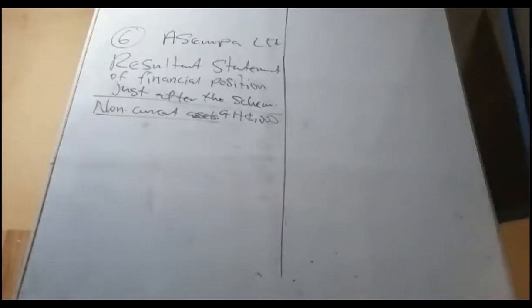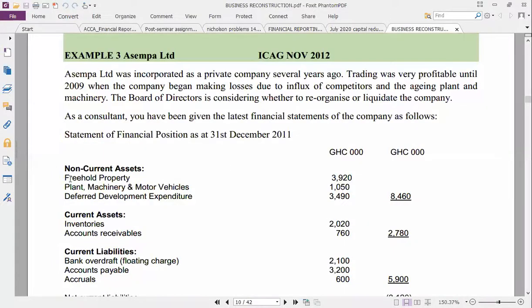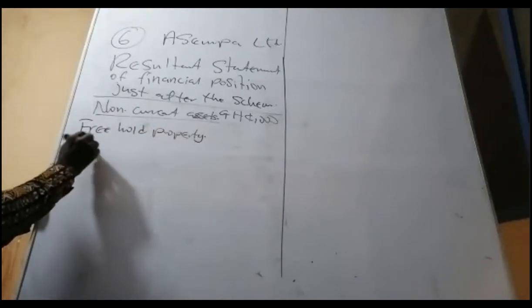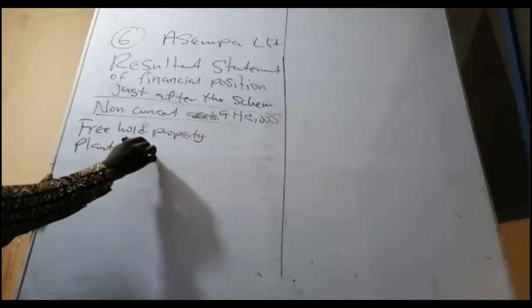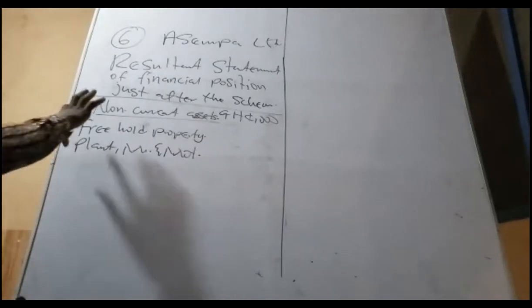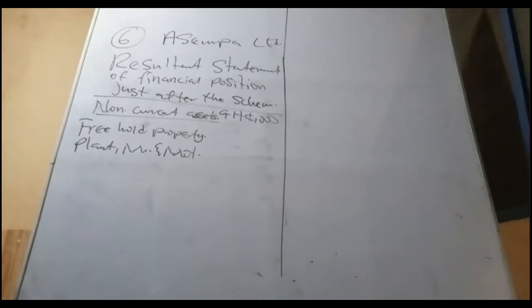The going concern values should be the best figure. To avoid oversight, just check all these assets: freehold property, plant, machinery, and motor vehicles. So I'll write them first. Freehold property, no shortcut. Next one is plant, machinery, and motor vehicle. Then I have to pick the going concern values.